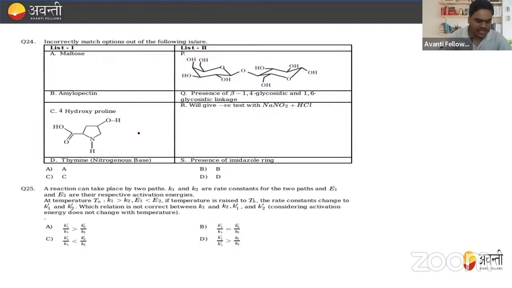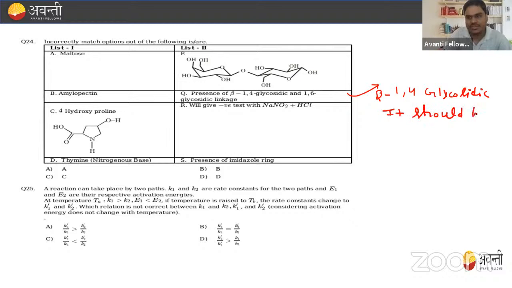Now, if I'm talking about a structure of lactose, so what is A here? A is maltose, and B is amylopectin.